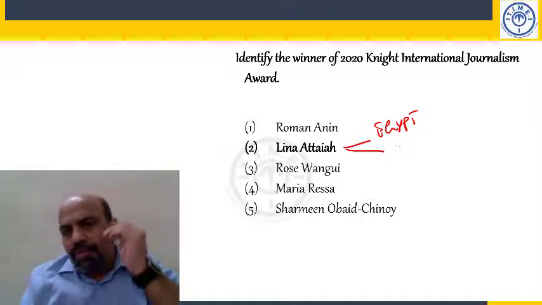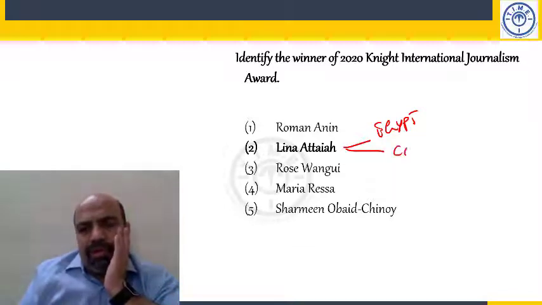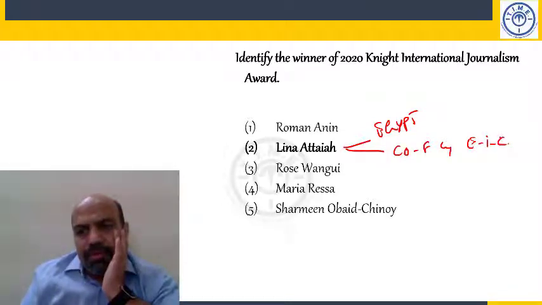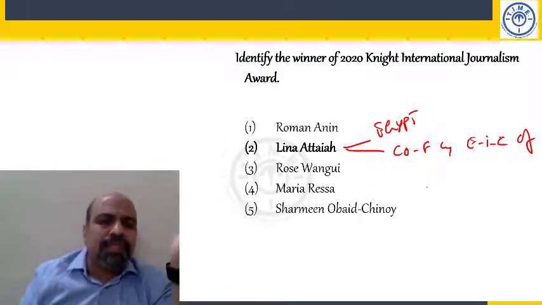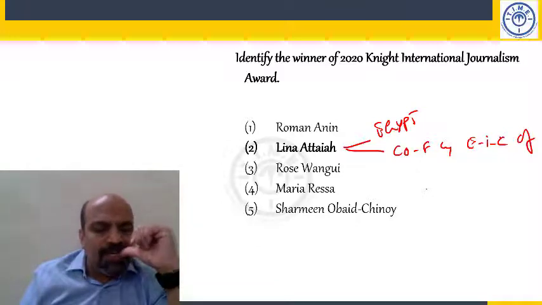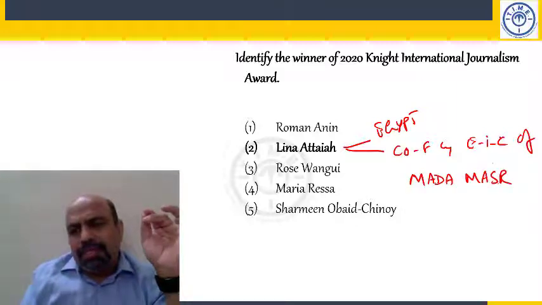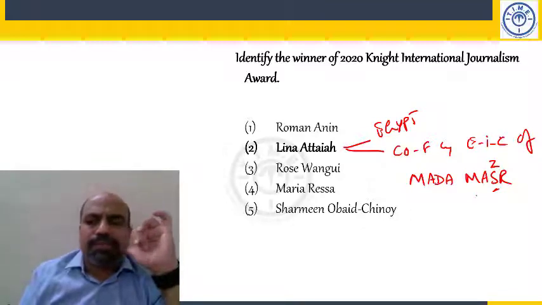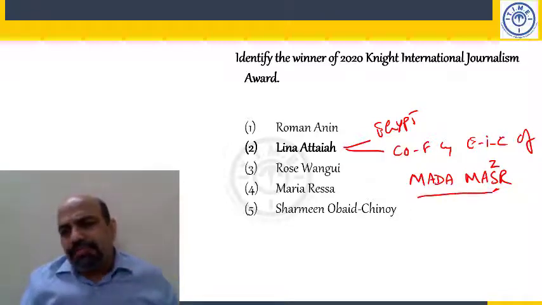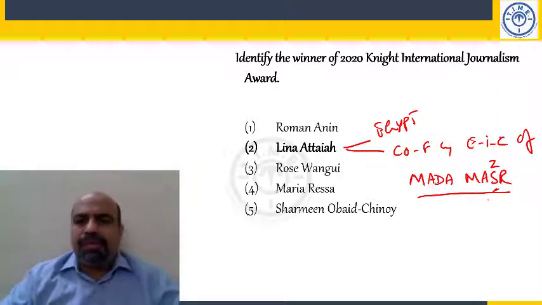And she is, you could write, co-founder and editor-in-chief of Mada Masar. It's written with a Z also, pronounced with a Z, of course. I don't know the meaning of this, honestly. That's why maybe I don't exactly remember.